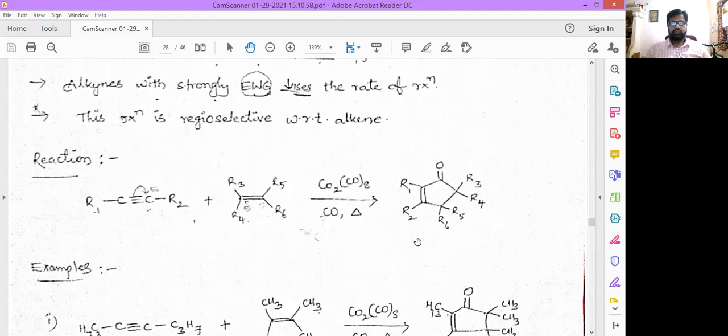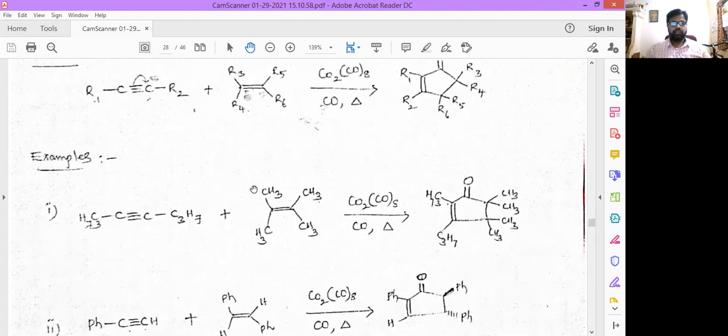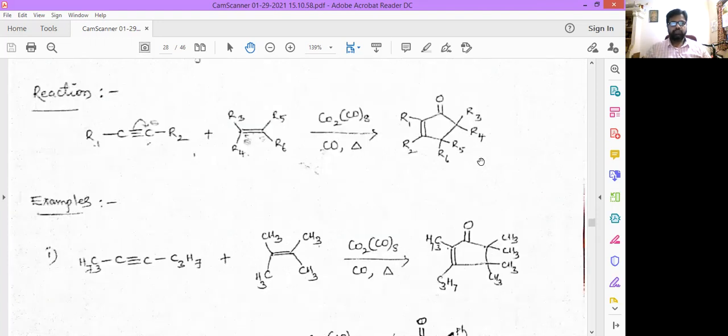This is the substitution, a 2+2+1 cycloaddition. This is a highly substituted alkene and this is the alkyne; R1, R2, R3, R4, R5, R6 are substituents on the alkene and alkyne.